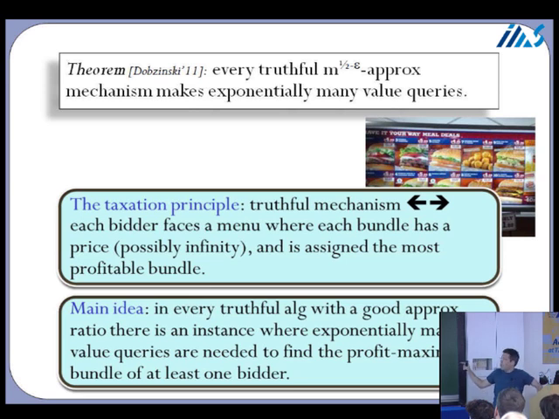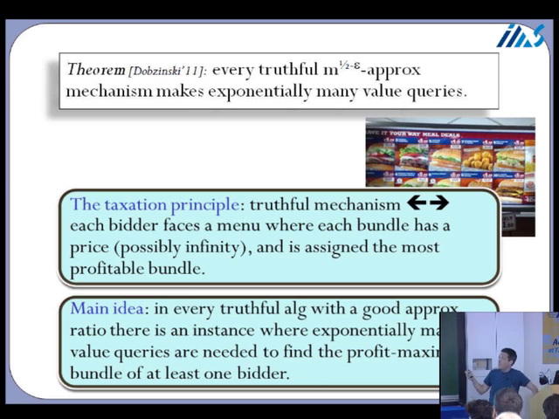And we know that the truthful algorithm must assign the bidder his most profitable bundle. It's just like the bidder is going to a restaurant, he gets a menu where near each possible bundle he has a price, and the truthful algorithm must assign this bundle to bidder i. All right, so this is going to be the starting point.